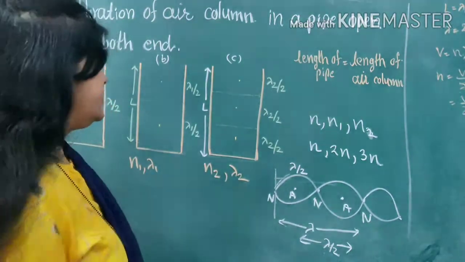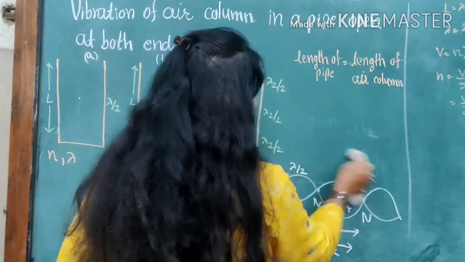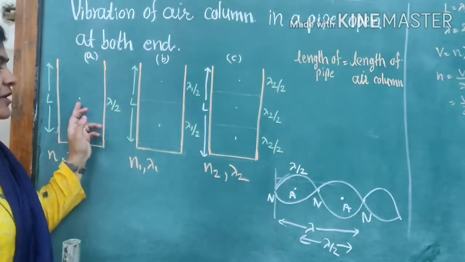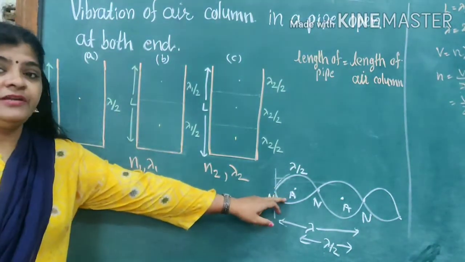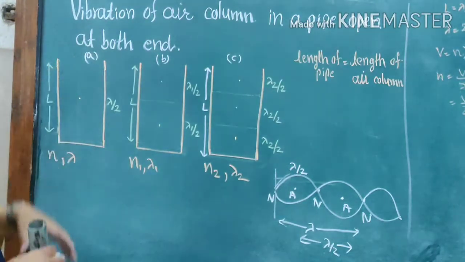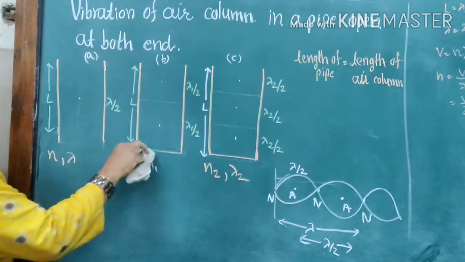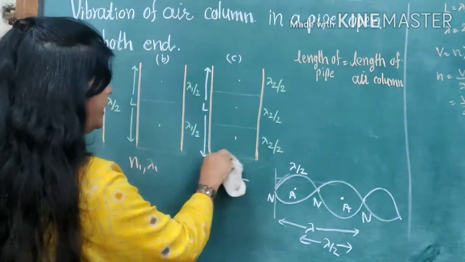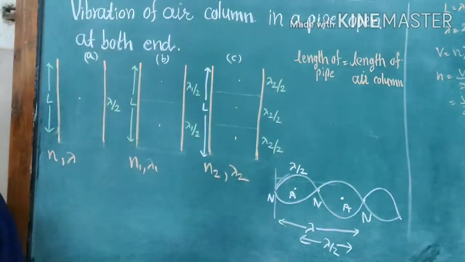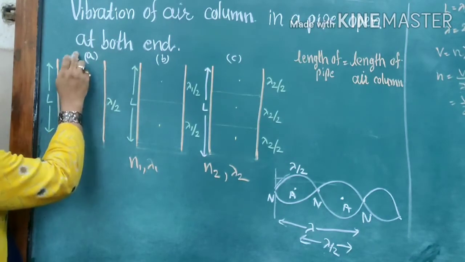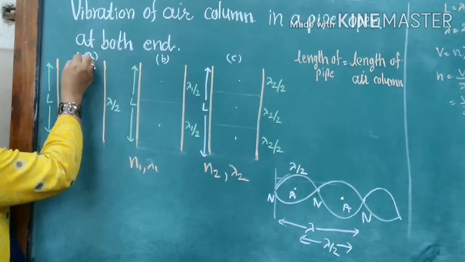We consider this point. Now the next point is the diagram of this. How to draw the diagram? Already I mentioned that the antinode is always formed at the open end. That's why the antinode is slightly above this pipe.